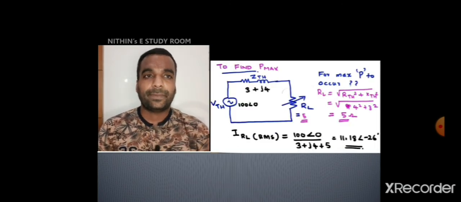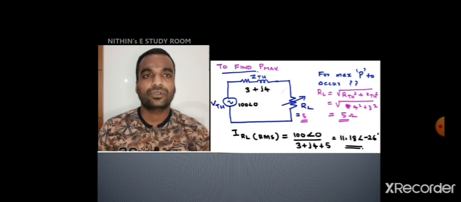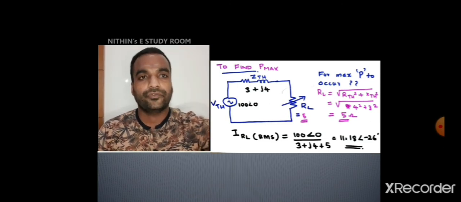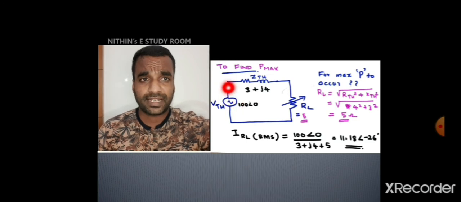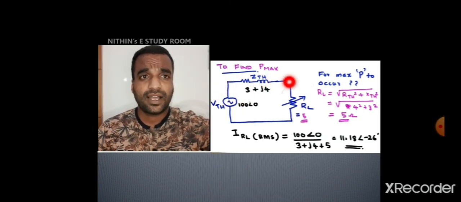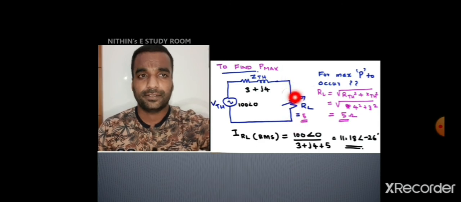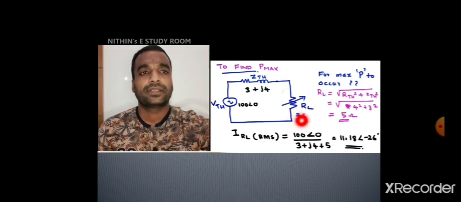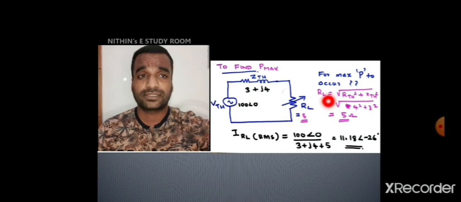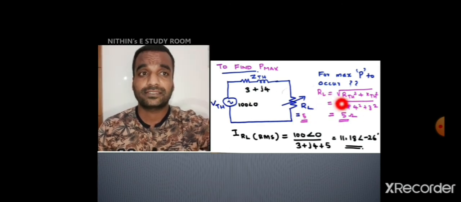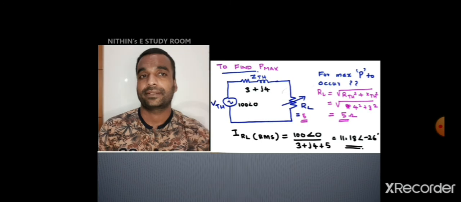Next, to find P max, in this case also, I connected the Thevenin voltage source and Z Thevenin here. After that, I connected RL, the load resistance. And the value of load resistance should be like this for maximum power transfer to happen.